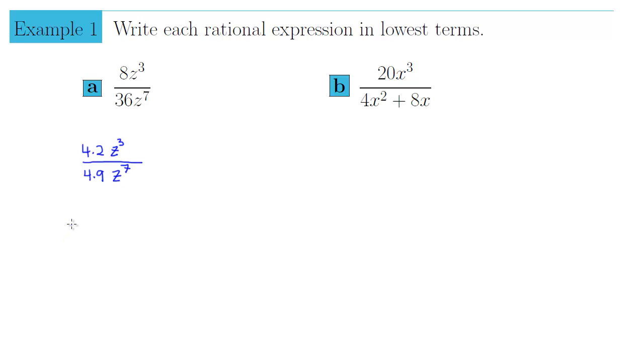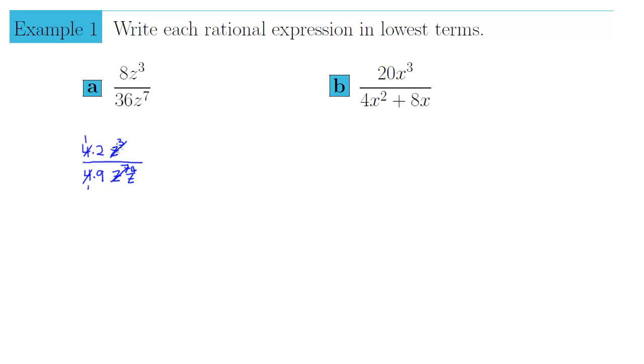Here we go. So 4 divided by 4, those are common factors. We're going to cancel and we'll be left with 1 in its place. And the z's, again, using the quotient rule, the 3 z's on the top will cancel from the 7 z's on the bottom, and by subtraction that will leave us with 4 z's on the bottom. So let's put together what we have.